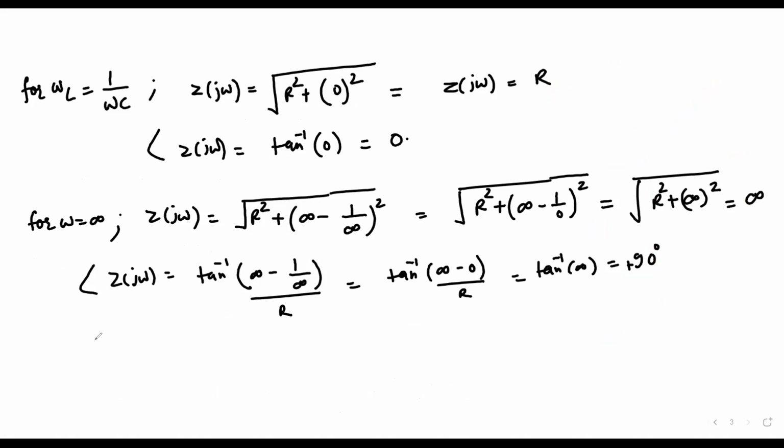Okay, we can have some other conditions. For instance, let's say if omega L is very, very much greater than 1 over omega C. In that case, we can approximate the magnitude and phase function like this.